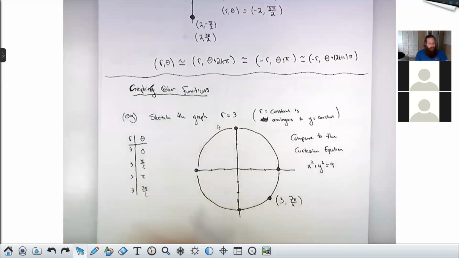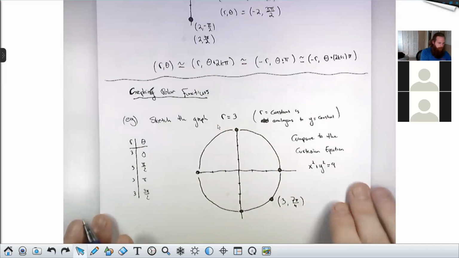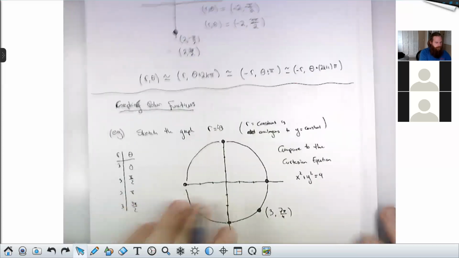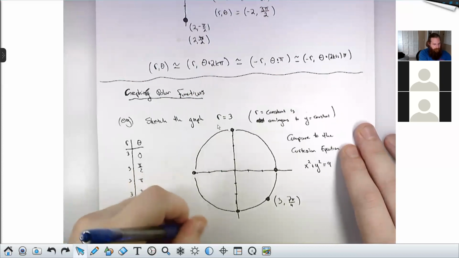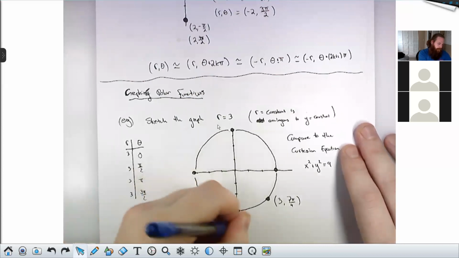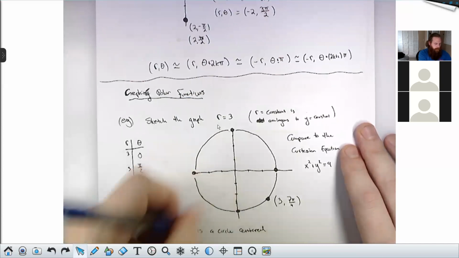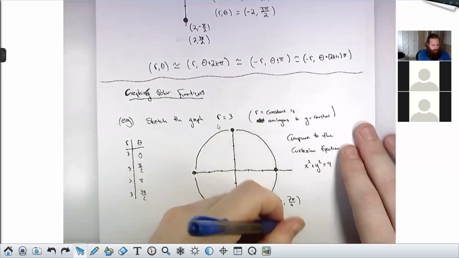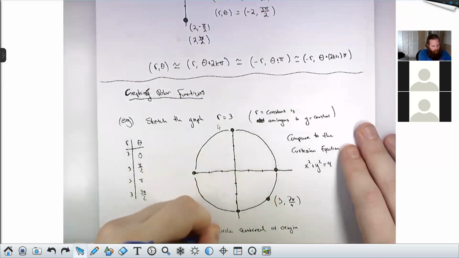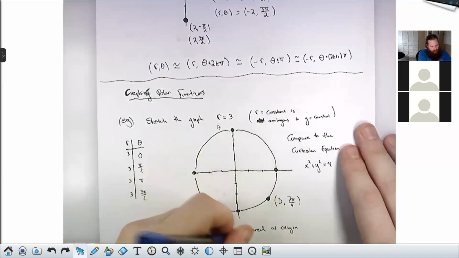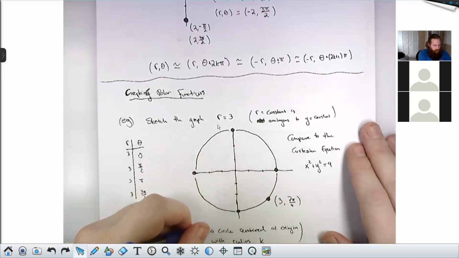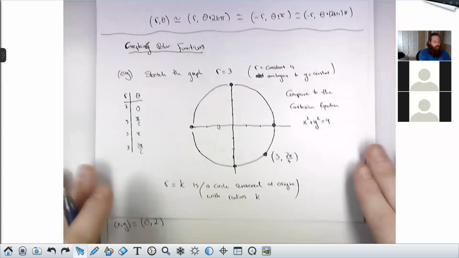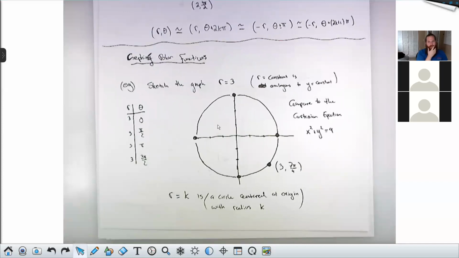All the points on this graph have r equal to 3, and theta is allowed to run wherever it wants. Okay. So circles centered at the origin, radius k. Constant functions, r equals a constant, is a circle centered at the origin of radius k.